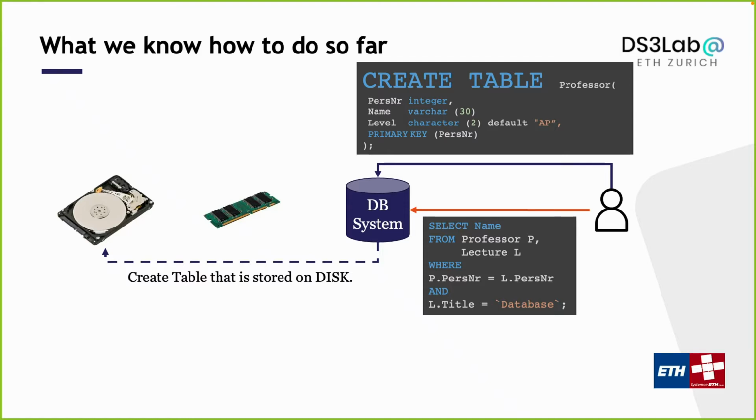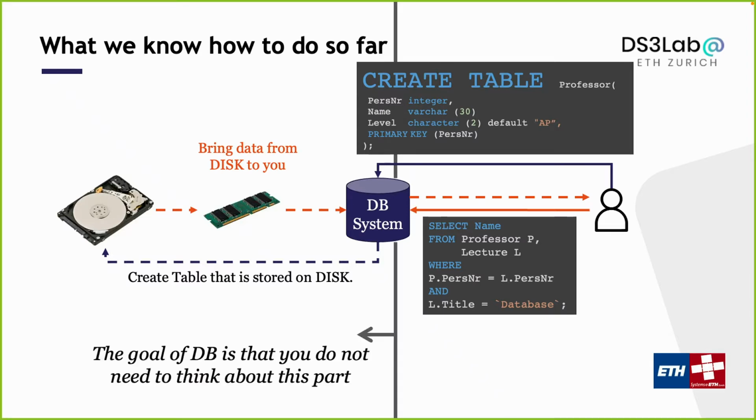Once you have a SQL query, what's going to happen under the cover is the database is going to bring the piece of data that you want in your query all the way from the hard drive to the memory system and back to you as a user. The goal of building a database system, which we are going to see after Easter actually, is how can we make sure as a user on the right-hand side, you never need to think about the things happening on the left-hand side.